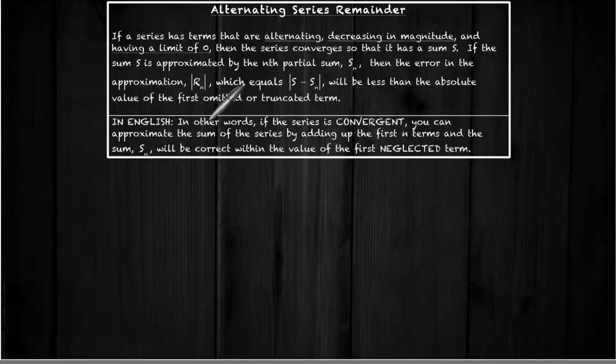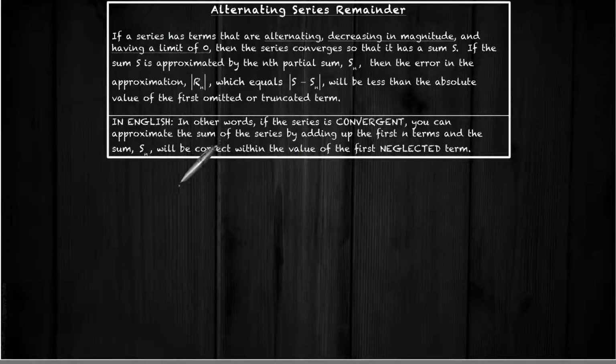In English, it means if the series is convergent, okay, that takes care of those three conditions, you can approximate the sum of the series by adding up the first n terms, and the sum of those n terms, which we are going to call S sub n, will be correct within the value of the first neglected term. So let's just see if we can break this down.